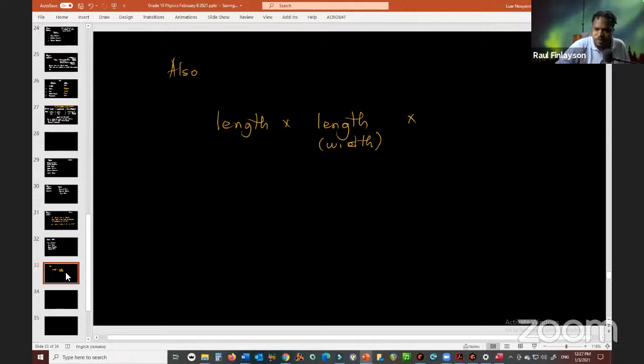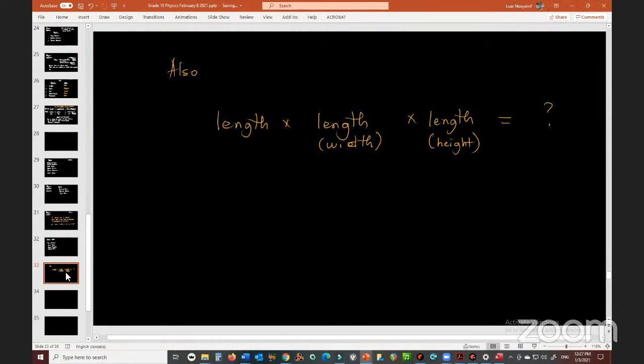But what if we have another length, and we call this height? Then what would this give us? That's going to give us something else, because we multiply length by itself two times. Length times length gives you area. But if you multiply length by the other length by another length, we're going to get something else. So what is that called?